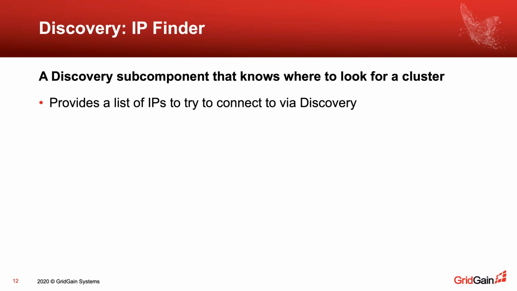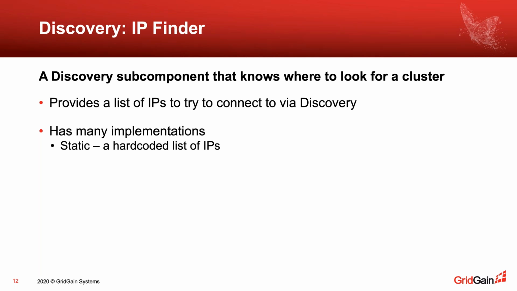It provides a list of IP addresses to the node which it needs to try to connect to, and it has a number of different implementations from which you can choose based on your exact system, your network topology, environment, and target environment.